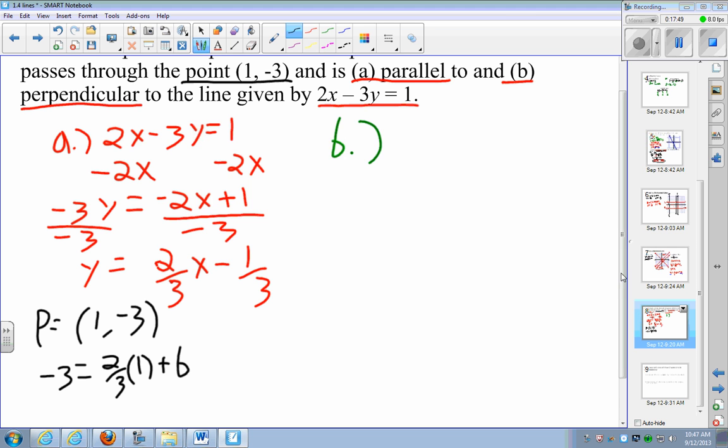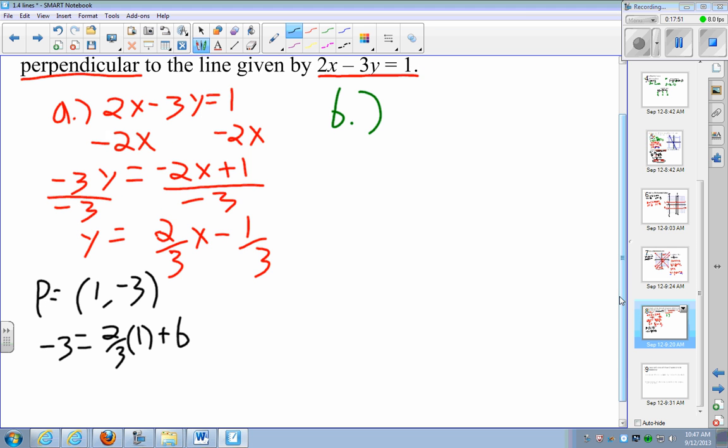Okay, now we have to solve for b. All right, so we subtract the 2/3, subtract the 2/3. We'll end up getting that negative 3 2/3 is equal to b.